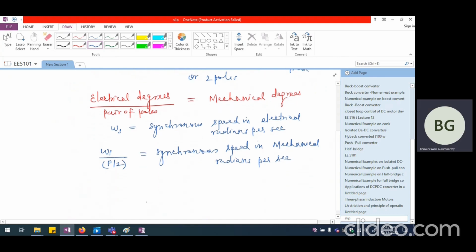And if we want to convert from RPM to radians per second, let us say the RPM is ns, and we want to convert that into omega s, we should say 2 pi ns divided by 60. This is what gives me the conversion from RPM. So I should say ns.